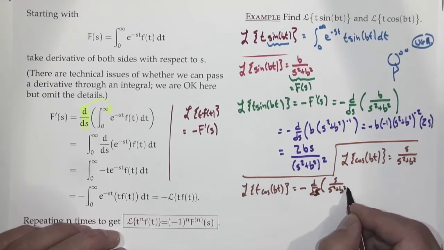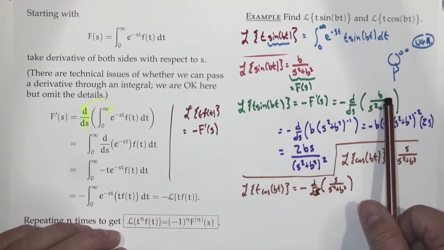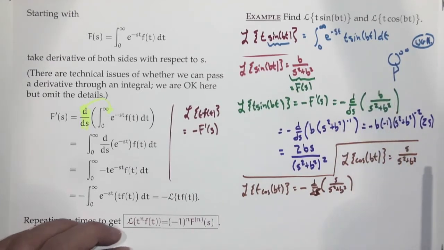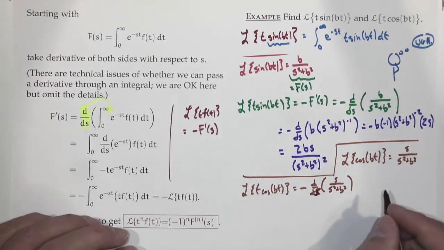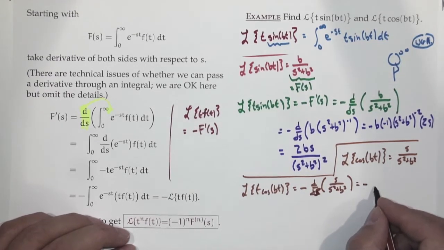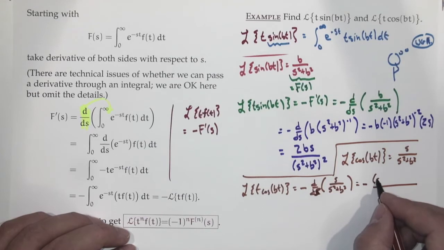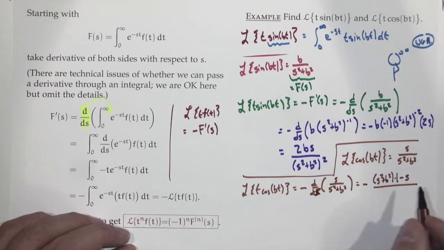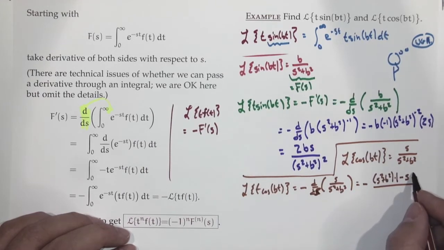Now here, the reason I didn't jump to quotient rule before was because there wasn't really a function upstairs. It's just a number. But here there is actually a function upstairs, so this is a time when quotient rule makes sense. There's a minus. Then we have the bottom, s squared plus b squared, times the derivative of the top, minus the top, which is s, times the derivative of the bottom, which is 2s, all over the bottom term squared.